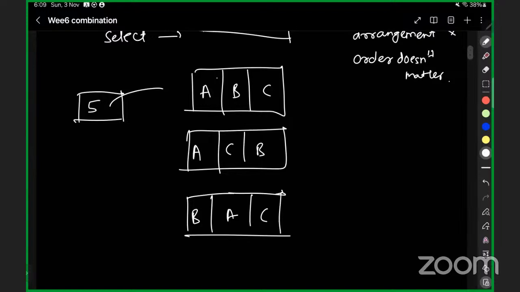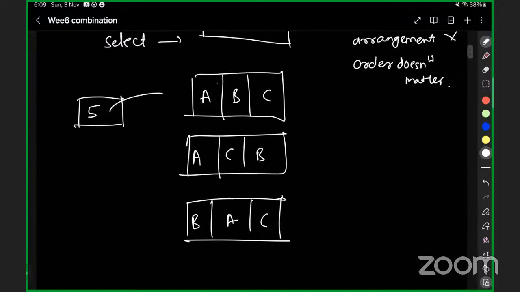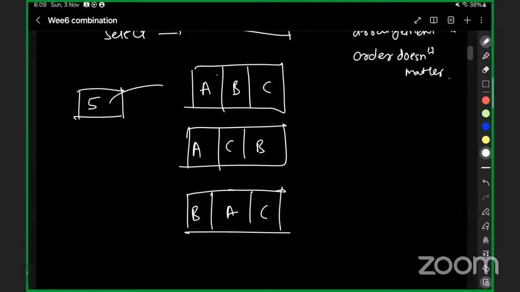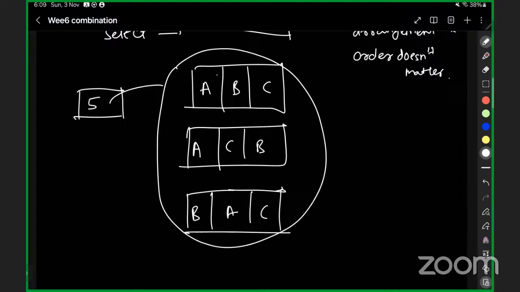But when we do selection, we are selecting 3 books, and all of them are the same books, A, B, and C. So if you are using permutation, then ordering is an important part. But when selecting, order doesn't matter.